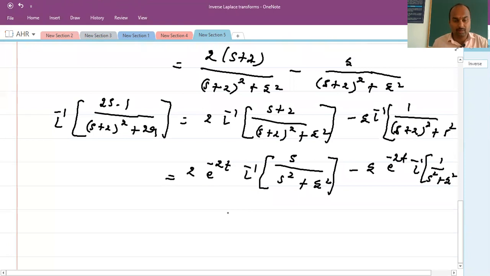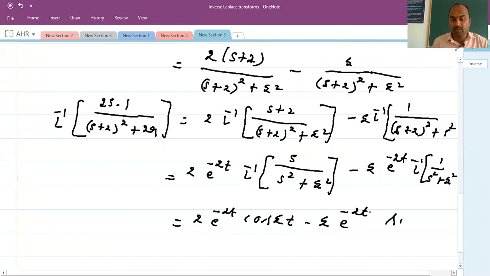Or this is 2 e to the power of minus 2t into cos 5t, minus 5 e to the power of minus 2t into sin 5t by 5. You can refer to the standard inverse Laplace transforms.